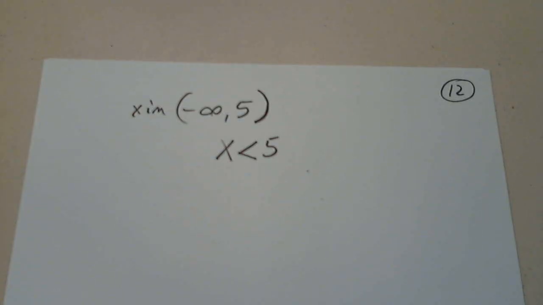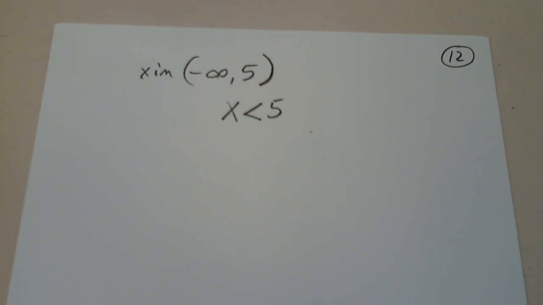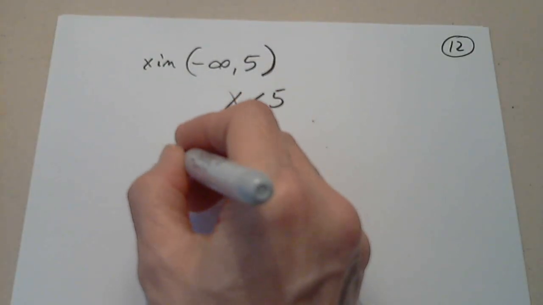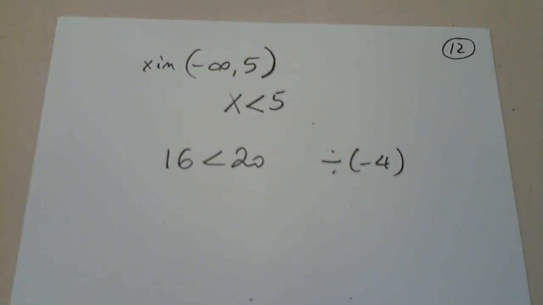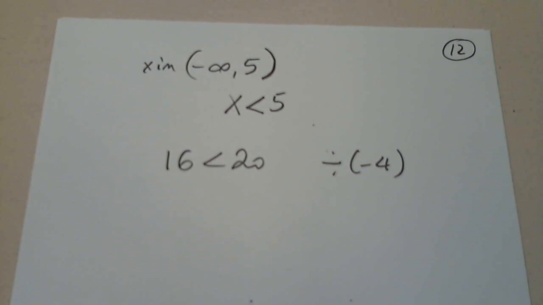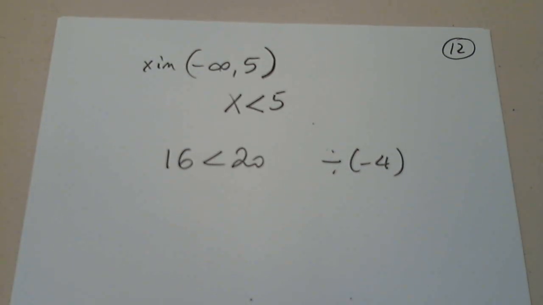Write the inequality that results from dividing both sides. Very good. So we have an inequality, and this is a very good exercise. 16 less than 20, and they want us to divide by -4. So we're going to solve inequalities. They're very simple. They're based on solving linear equations.